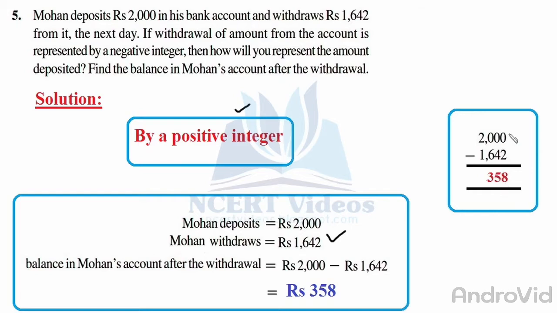Now here also 9 was left, so 9 minus 6 is 3, and here 1 minus 1 is 0. So you can also write it here. Therefore, Mohan's account balance after withdrawal is 358. This was your 5th.